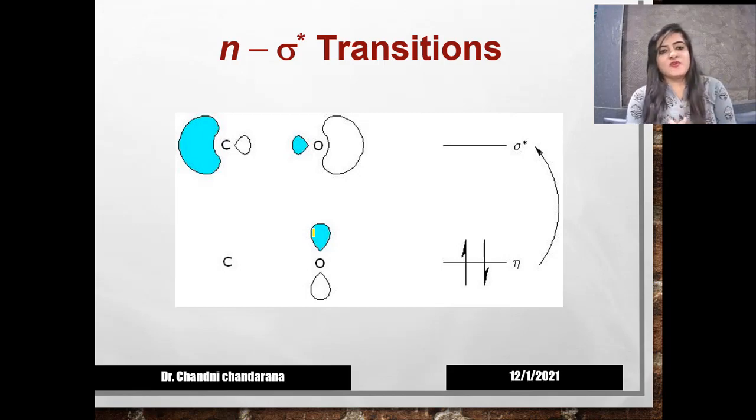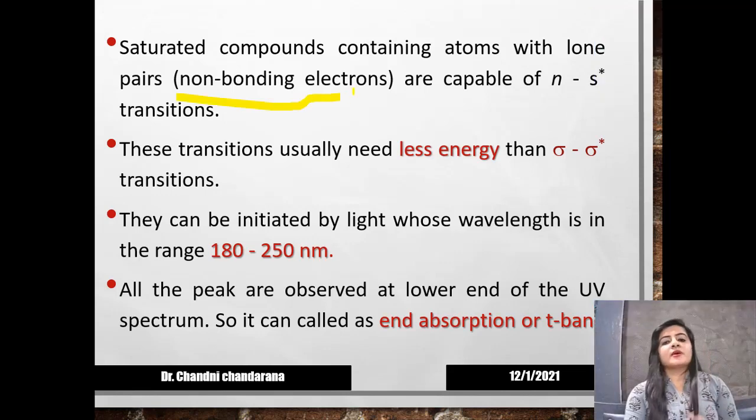We can observe it in a saturated compound containing a lone pair of electrons, like methanol, a saturated compound with a lone pair on oxygen. So methanol is an example of n to sigma star transition.